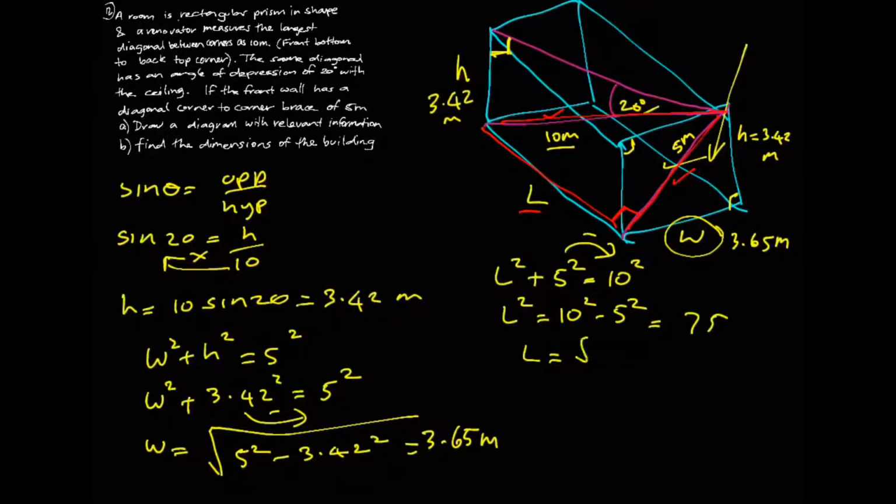So L equals the square root of 75 equals 8.66 meters. So the dimensions are 8.66 meters long by 3.65 meters wide by 3.42 meters high.